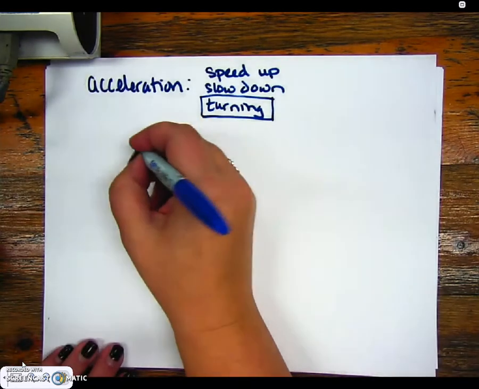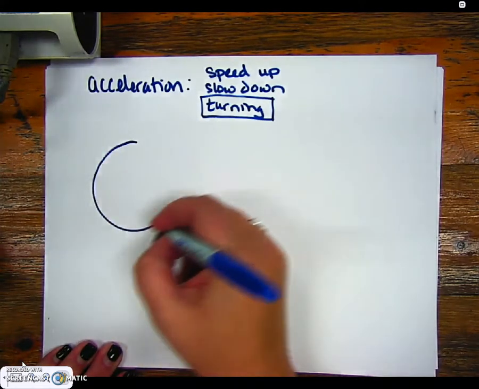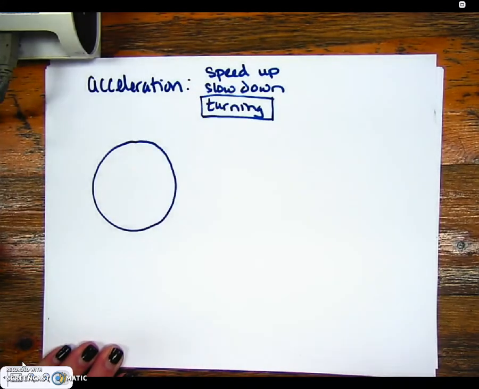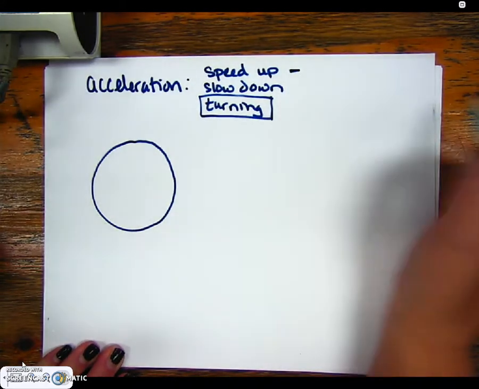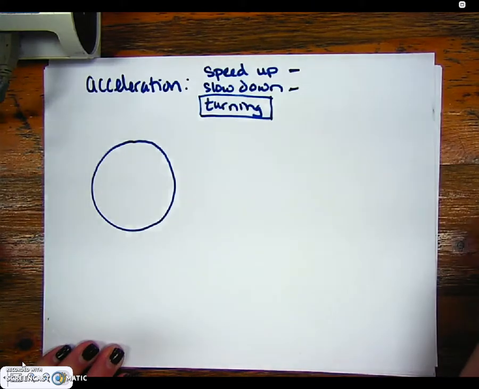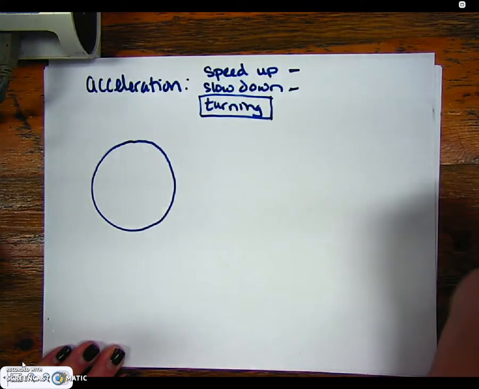So if we look at a circle, and we're saying something's moving in uniform circular motion, remember, that means there is a constant speed.